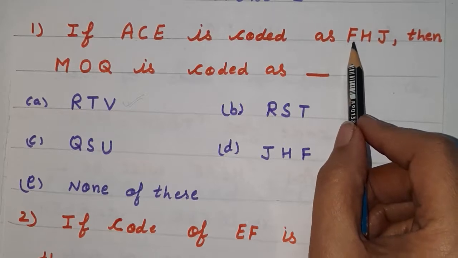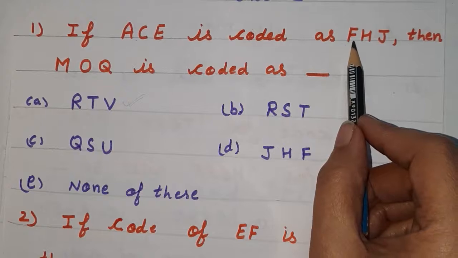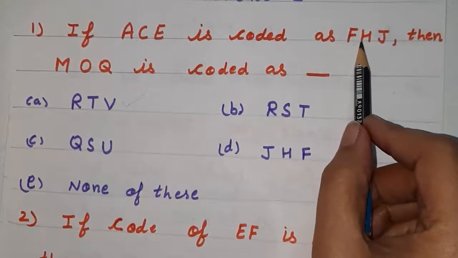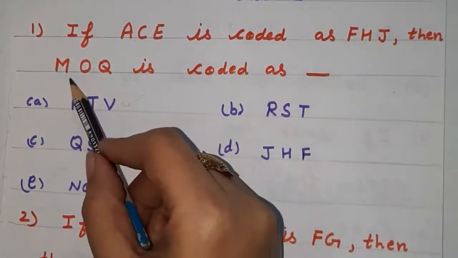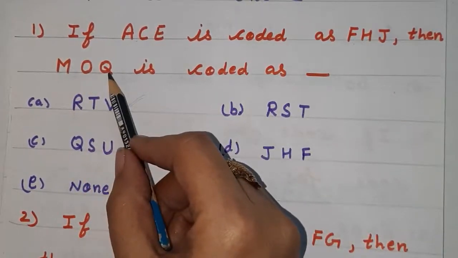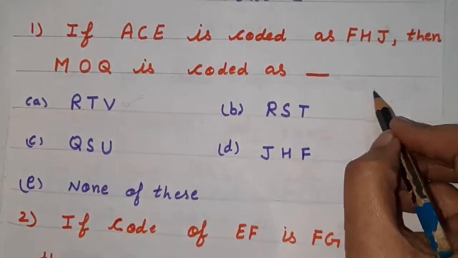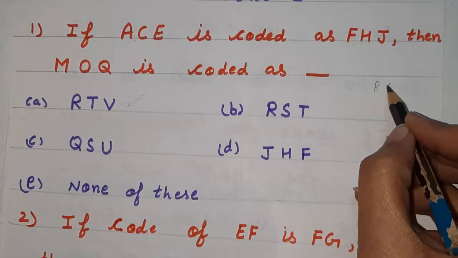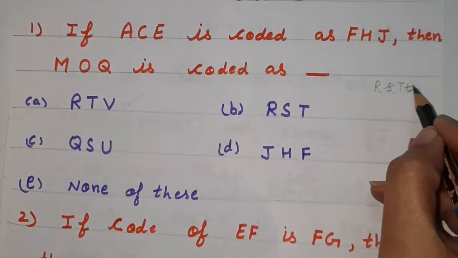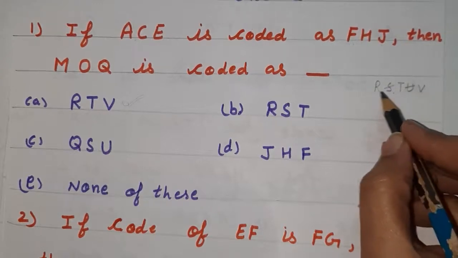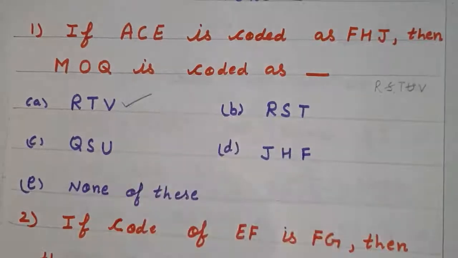After F, G is left, H, then I is left. J is taken. So here M, O, Q. After Q, the next is R. We will take R. R के बाद आपको S छोड़ना है. T, U you will leave. V you will take. So R, T, V. R, T, V is our option A.